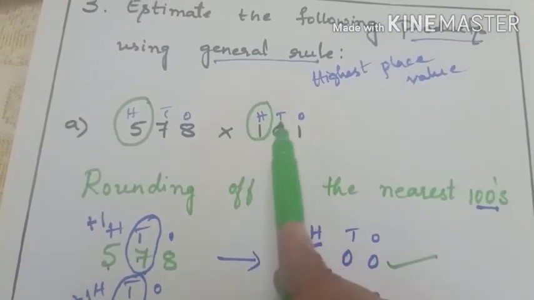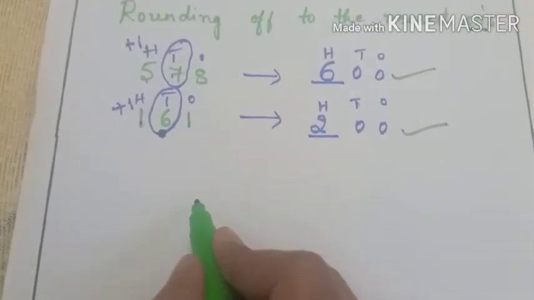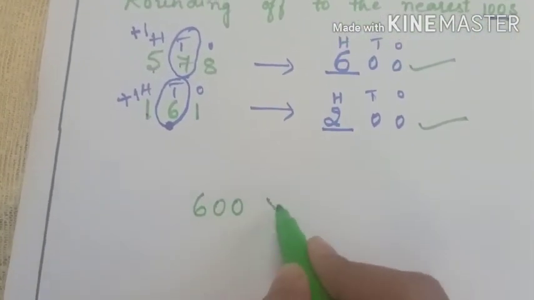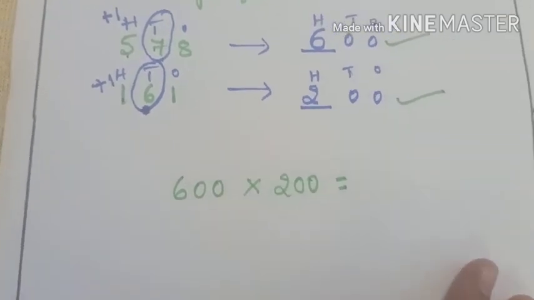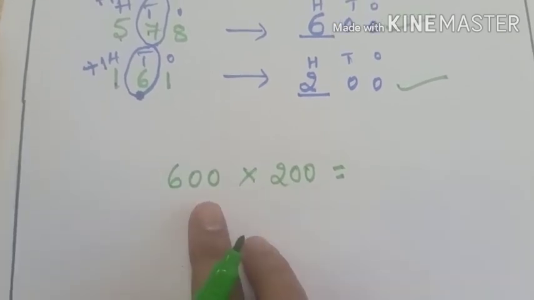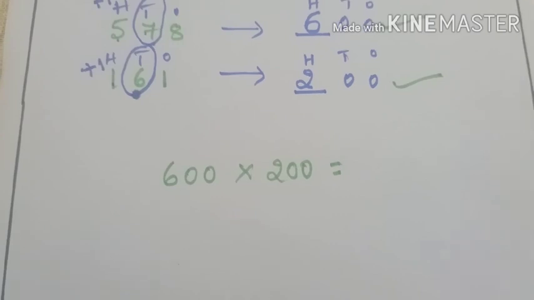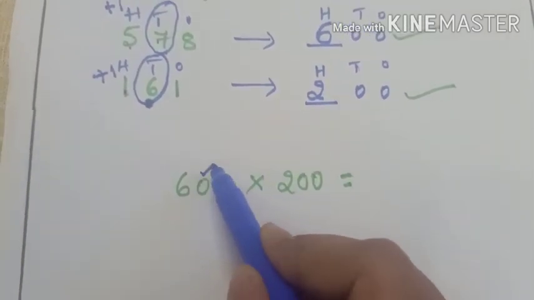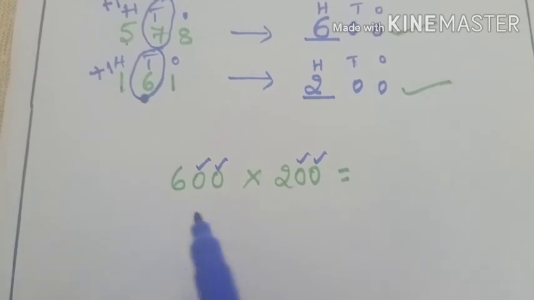We have to do multiplication. So 600 into 200. In my last video also, I have explained how to multiply when there are zeros. Very easy. First count the number of zeros, the total number of zeros. See, 1, 2, 3, 4. Okay, 4 zeros are there.